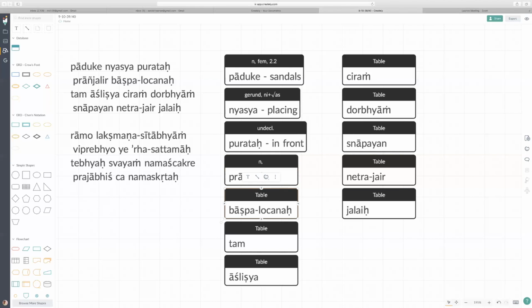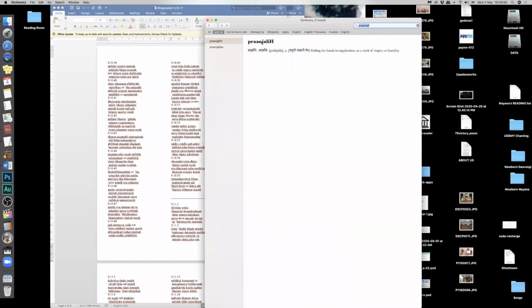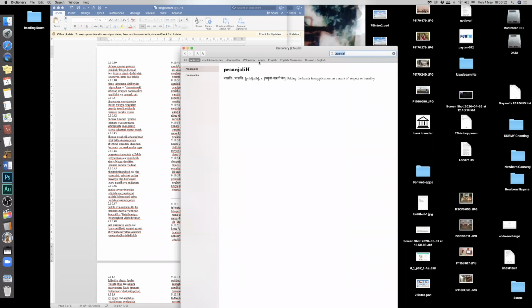We have the word Anjali in Sanskrit, and the literal meaning is the front side of your palm, basically. It's called Anjali. Pranjali is analyzed like this, and I just found it in Apte's dictionary. Pranjali: folding the hands in supplication as a mark of respect or humility.